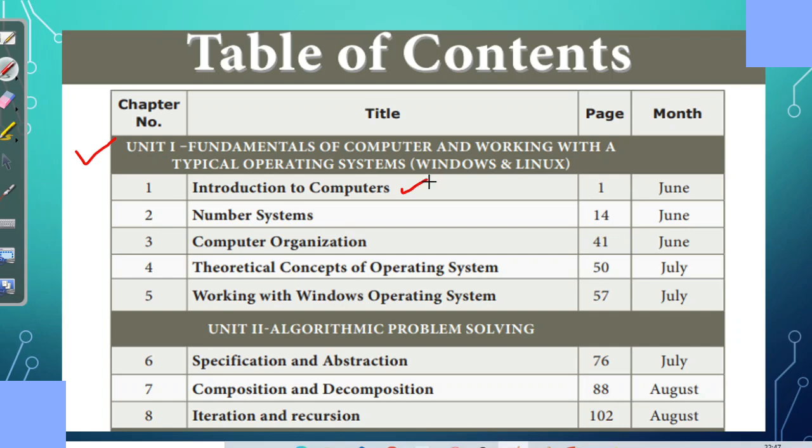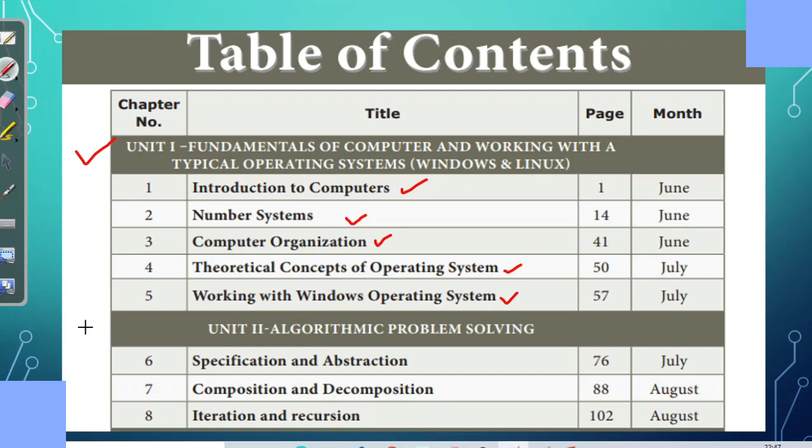In this part you are going to learn what a computer is, what the components of a computer are, then the various number systems followed in a computer, computer organization, which is the inbuilt part of your computer, and the theoretical concept of OS, that is the operating system. We are using Windows 7, 8, 10 versions, so how to work with the Windows operating system and so on.